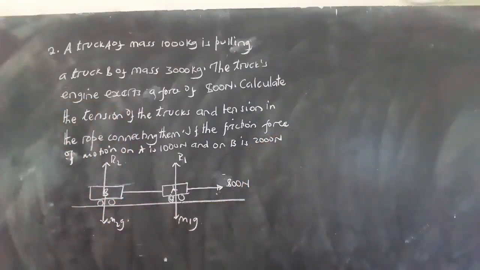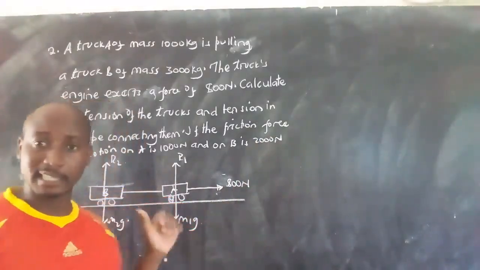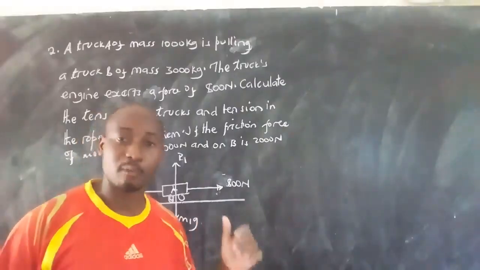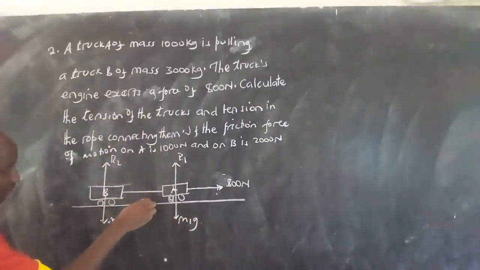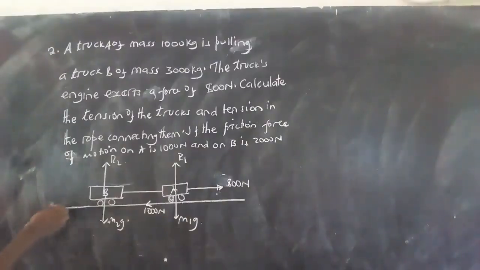So that means that since the motion is in this direction, the frictional force, the force that opposes, will be in the opposite direction of the motion. So this one has a frictional force here, which they have given us as on A is 1,000. Then here, the frictional force on B is 2,000.